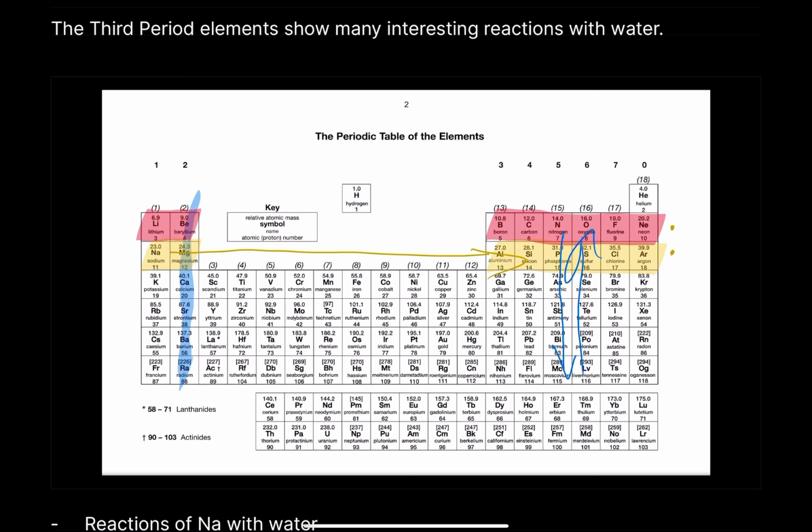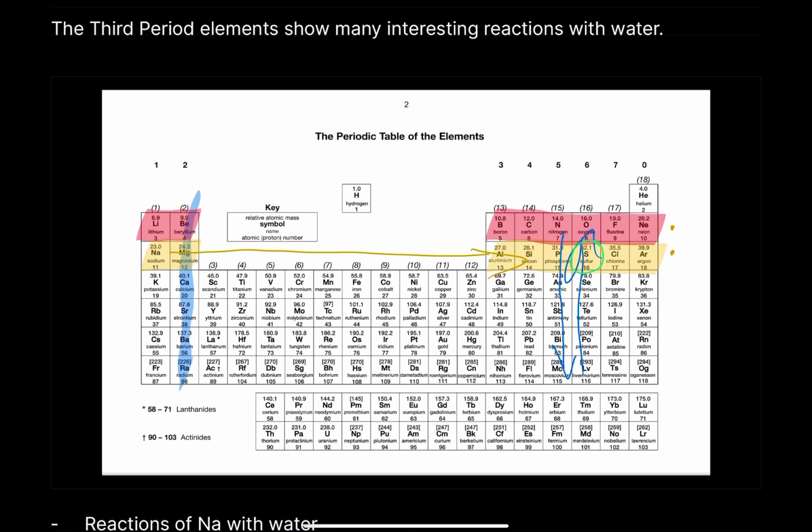So we know from period 3 that there's a difference in the ionization energy between phosphorus and sulfur. Sulfur has a paired number of electrons on its outermost shell, so it causes electron repulsion.